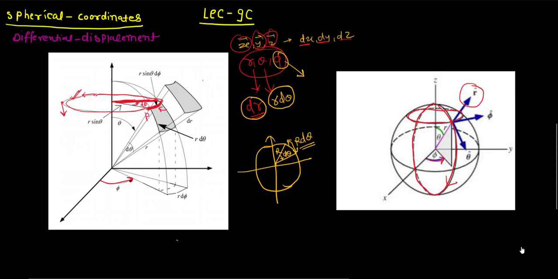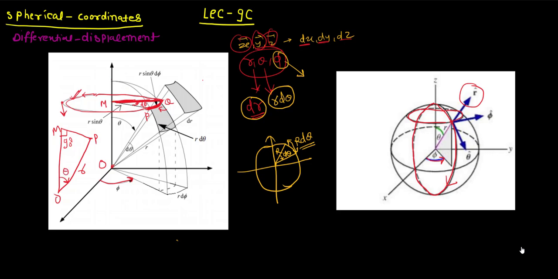I'm making this triangle. Consider this is the point O, and this is the point Q. We do not need to consider this point Q. Let's consider point P, and this is point M. So just consider this triangle O, M and P. This is the 90 degree, this is the radius r, and this is the angle theta.